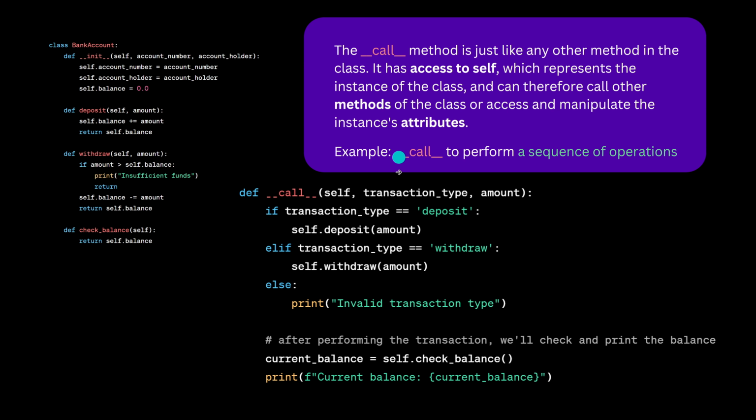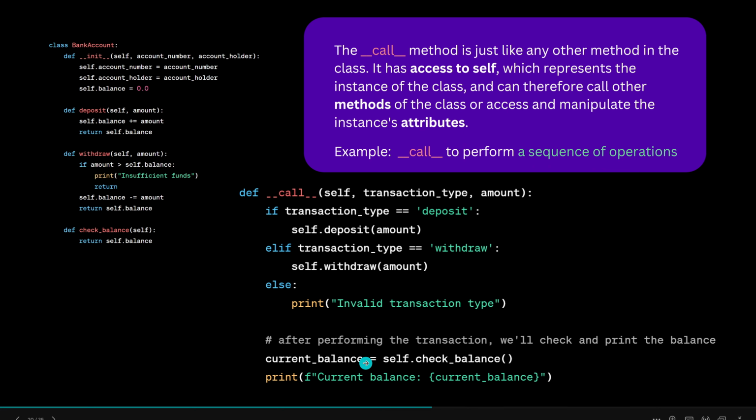It has access to self, which represents the instance of the class, and can therefore call all other methods of the class, so deposit, withdraw, check balance. It can call all other methods via self, and access or manipulate the instance attributes. And normally you would use this call method to perform a sequence of operations like here.